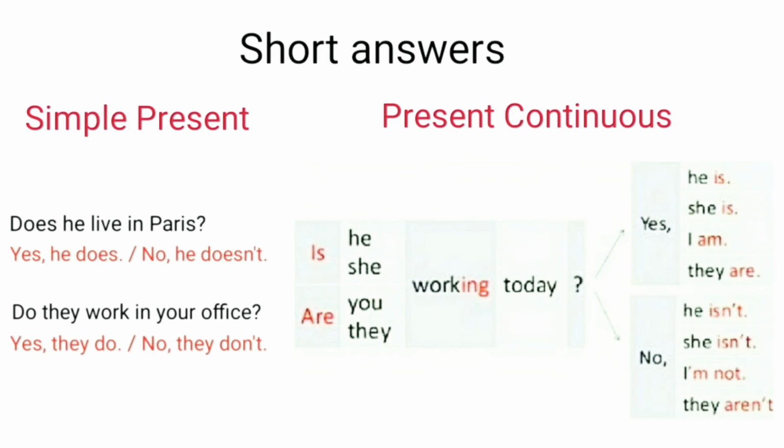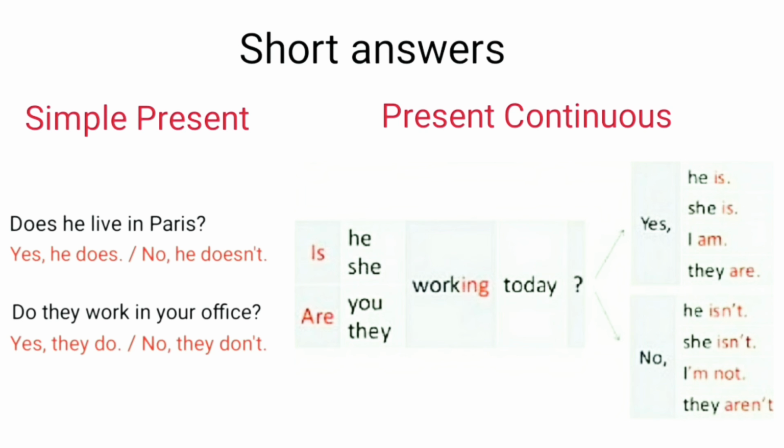On comparing short answers, we find that in simple present, for the question does he live in Paris, the short answer can be yes he does or no he doesn't. And for the question do they work in your office, the short answer can be yes they do or no they don't.